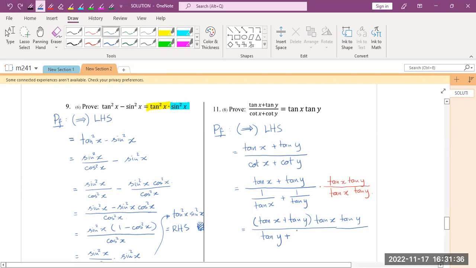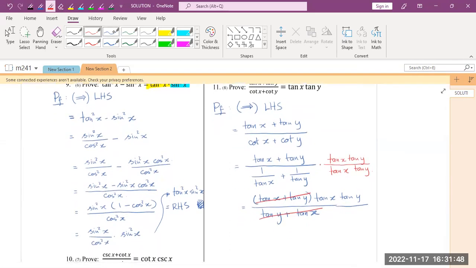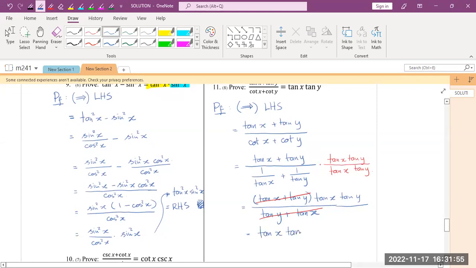To our surprise, notice that this guy here is actually the same terms with this by commutative. Okay, therefore they cancel and we get tangent x, tangent y, as we have seen on our right hand side. And that is the end of the proof.